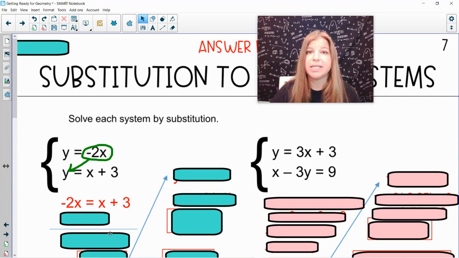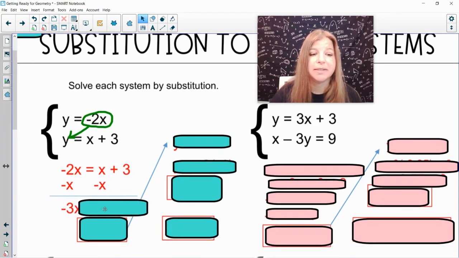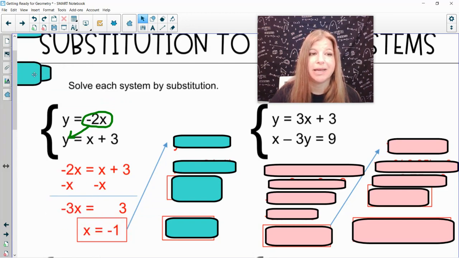What do I have on both sides? Variables or numbers? I have variables. I'm going to get rid of the variable that's on the same side as my number, so I'm going to subtract x. Negative 2x minus x leaves me with negative 3x equals 3. I divide both sides by negative 3, and I end up with x equals negative 1.